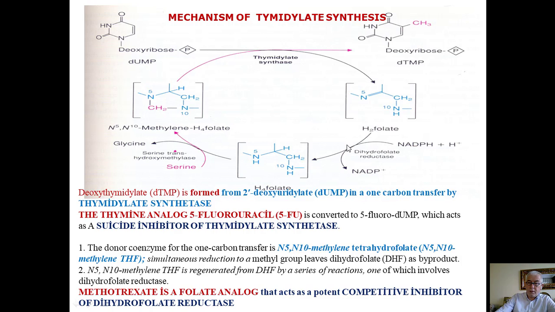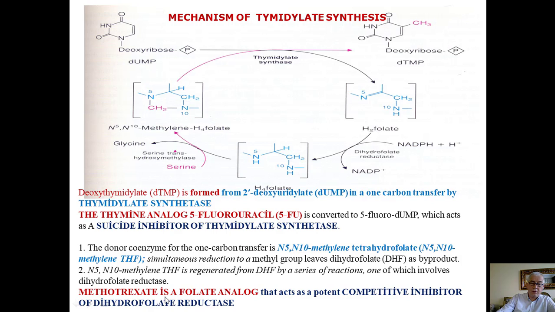If you block dihydrofolate reductase, you cannot produce tetrahydrofolate, and in this case thymidylate synthase cannot find its substrate, methylene tetrahydrofolate. 5-fluorouracil is converted to 5-fluorodeoxy monophosphate and acts as a suicide inhibitor of thymidylate synthase. It is an analog of uracil and a competitive inhibitor of thymidylate synthase.